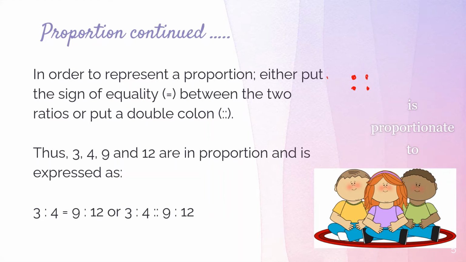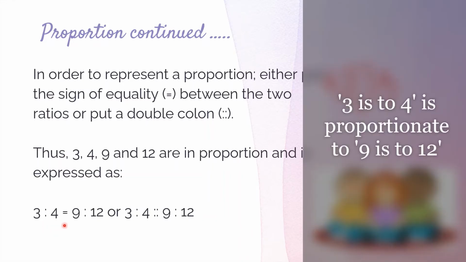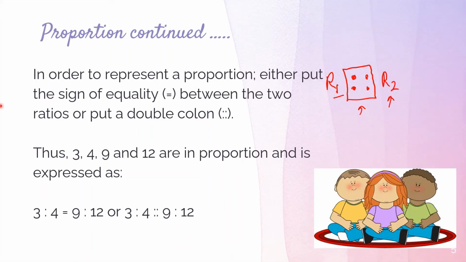You write ratio 1 here and ratio 2 here, and the double colon in between means ratio 1 is proportionate to ratio 2. Thus 3, 4, 9 and 12 are in proportion and can be expressed as 3:4 equals 9:12, or we can also say 3:4 is proportionate to 9:12.